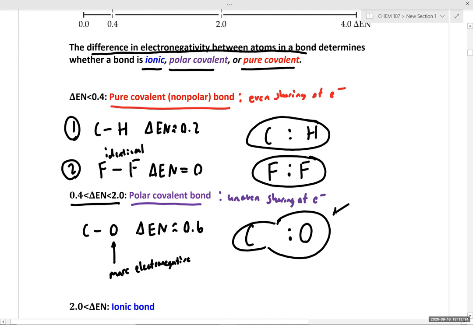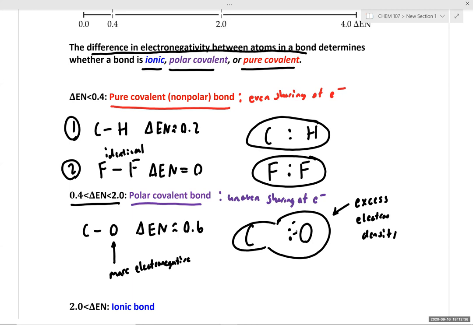Now, if oxygen suddenly has excess electron density, what are electrons fundamentally? Are they positive or negatively charged? What was that? Negative. Yep, exactly right.